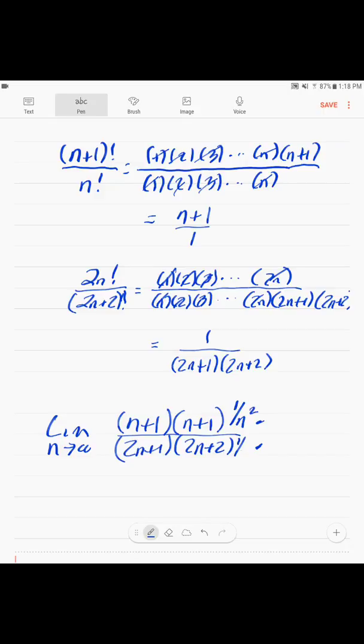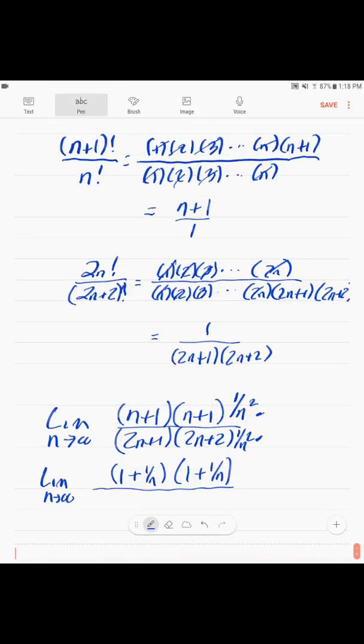Let's just multiply top and bottom by 1 over n squared. One of those n's going to each factor. So if I put the first n plus 1 over one of those n's, I get 1 plus 1 over n. If I take that second n plus 1 over the second n, I also get 1 plus 1 over n.